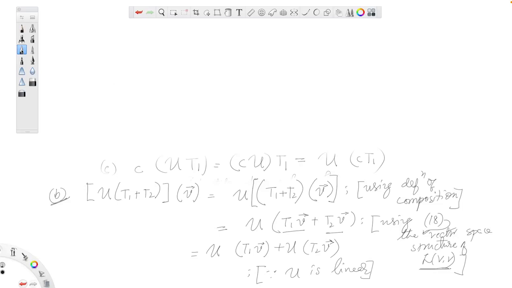Okay, all right. Therefore U of (T1 plus T2) acting on v is equal to, again using the definition of composition, U composed with T1 acting on v plus U composed with T2 acting on v.